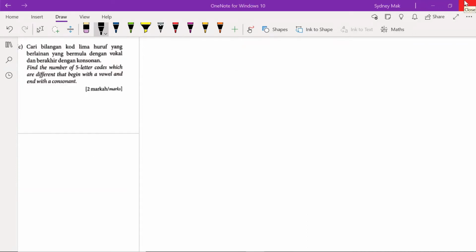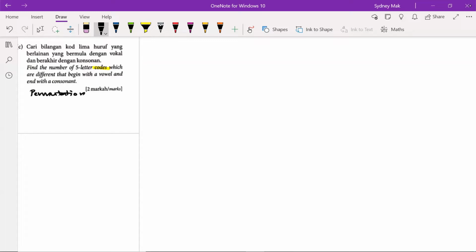Okay. Part C. Find the number of 5 letter codes which are different that begin with a vowel and end with a consonant. Now, because this is a code, therefore this question involves permutation. Unlike part B, that is a selection. So selection, we use combination.